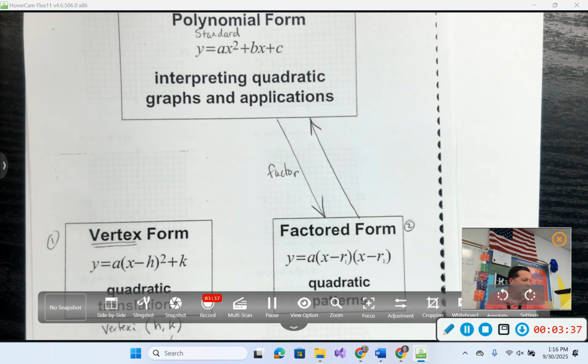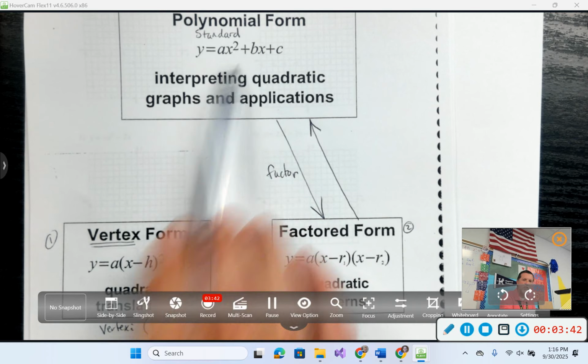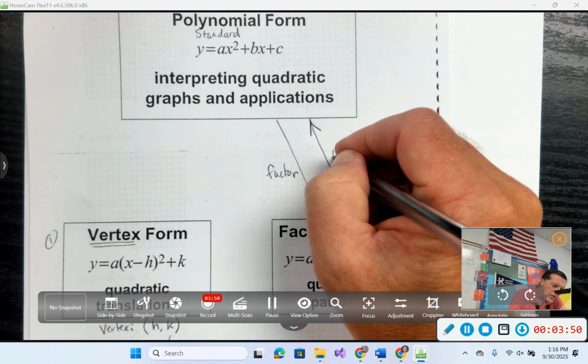Do you know what you would do to go the other direction from factored form into standard form? Unfactor. What's another name for unfactor? You're right. FOIL, or distribute.